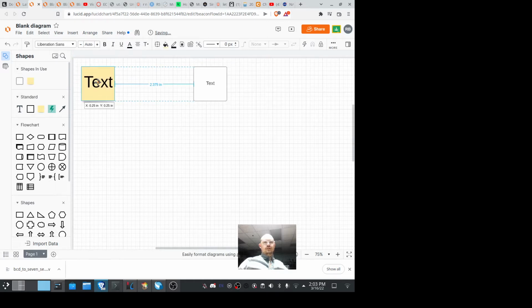So let's go ahead and make a note here about states. So based on our quick glance of the document, what states would we have? Running, paused or stopped, reset.